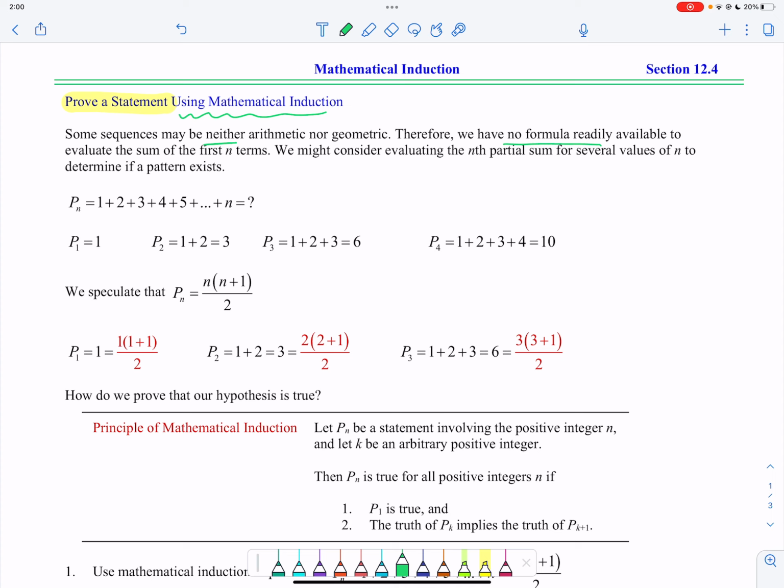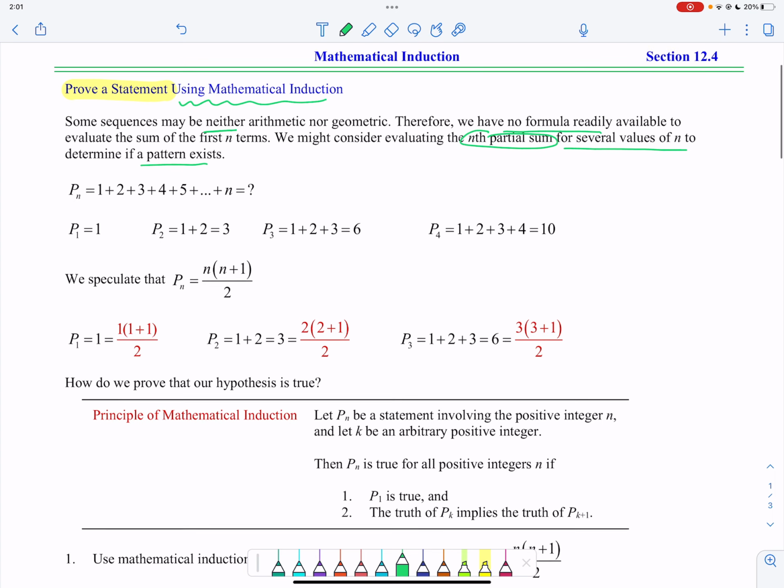So we need a way to find the sum of the first n terms. We might consider evaluating the nth partial sum for several values of n to determine if a pattern exists.